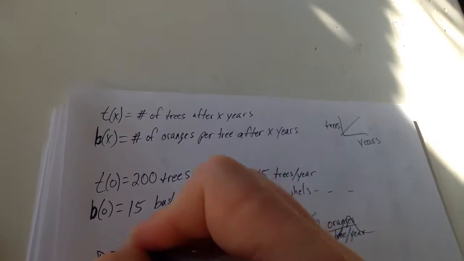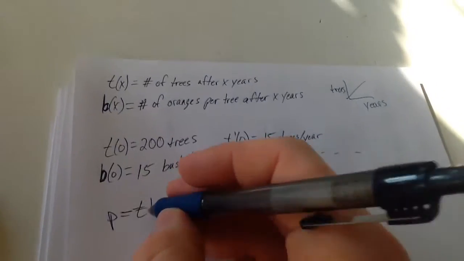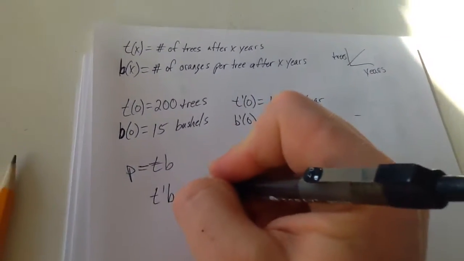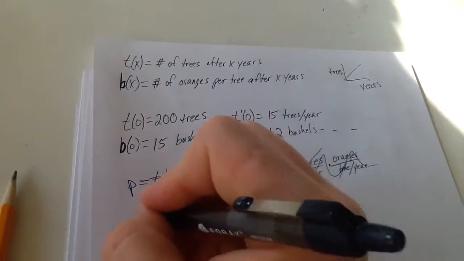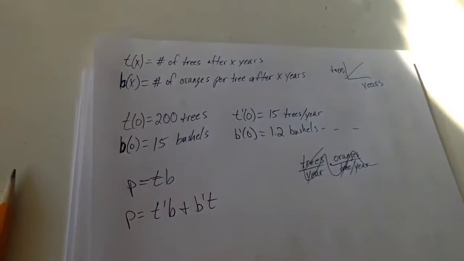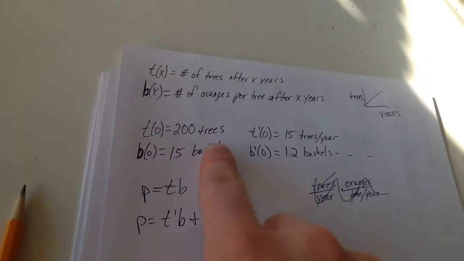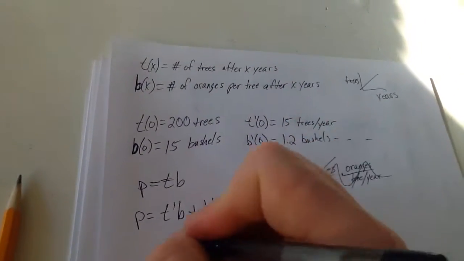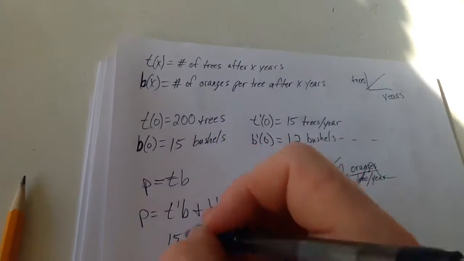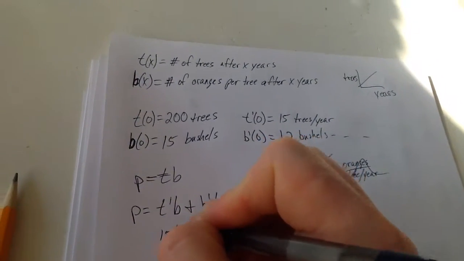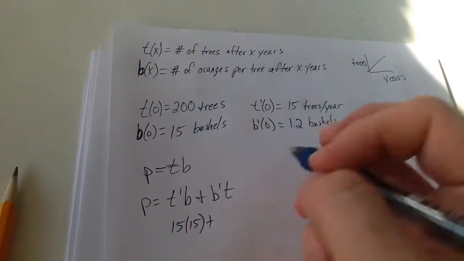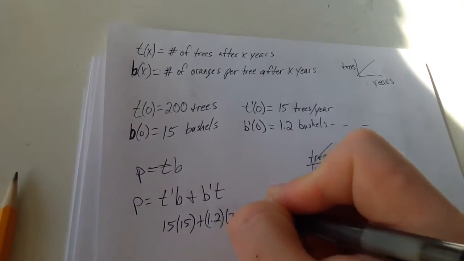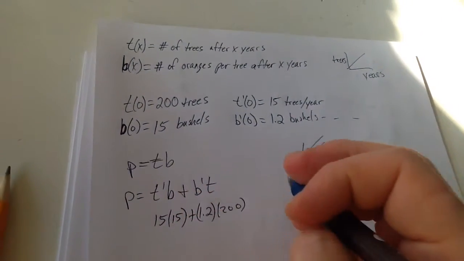T times B, well, T of X times B of X. Derivative of that would be T prime B plus B prime T. Right? So if we just plug in our values like we did on the last one. T prime is 15, B is 15, plus B prime is 1.2 and T is 200. 15 times 15 is, what is that?